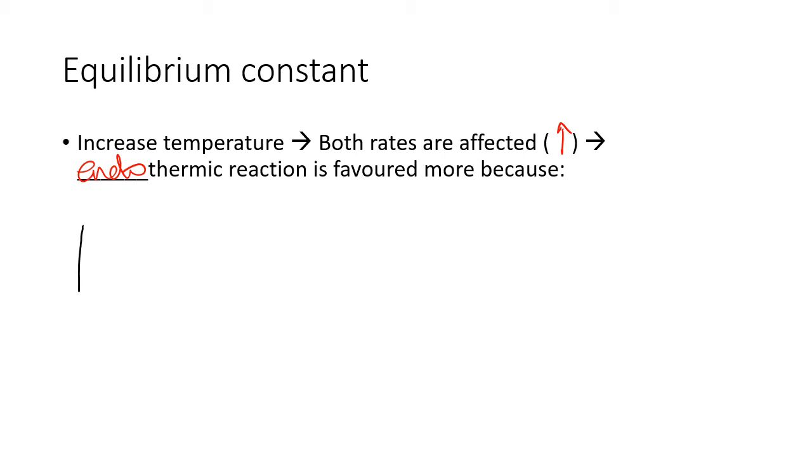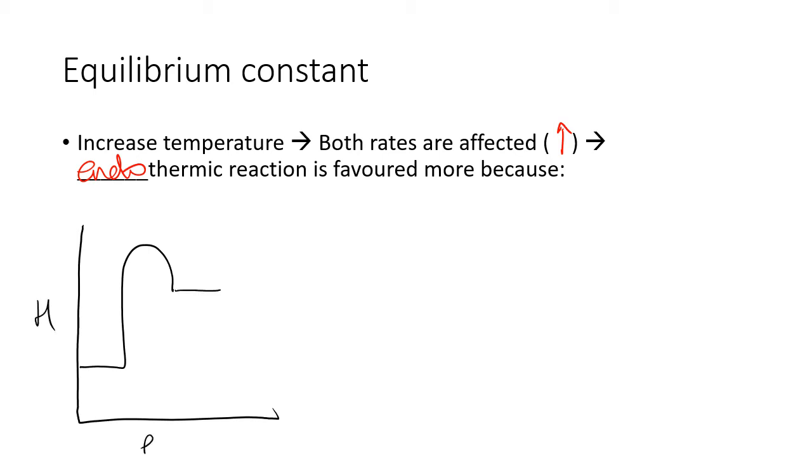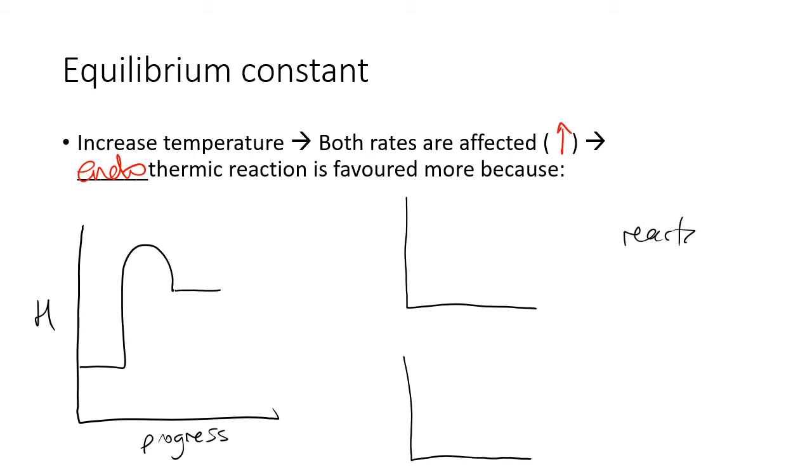Okay, so let's draw an endothermic reaction here. H against progress. Okay, so that's an energy profile diagram. And then I'll have an energy distribution graph for reactants and products, and let's just assume that they have equal amounts.